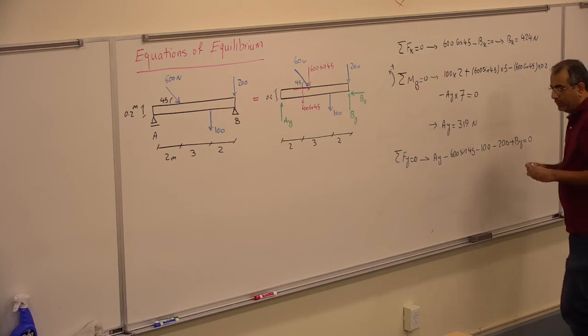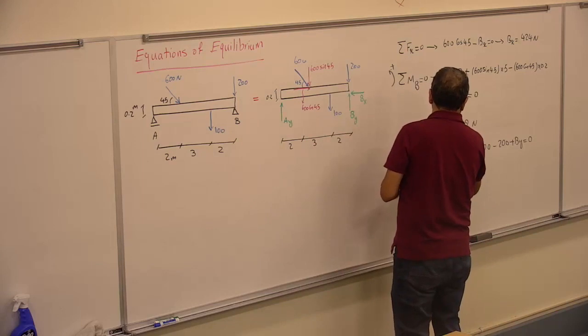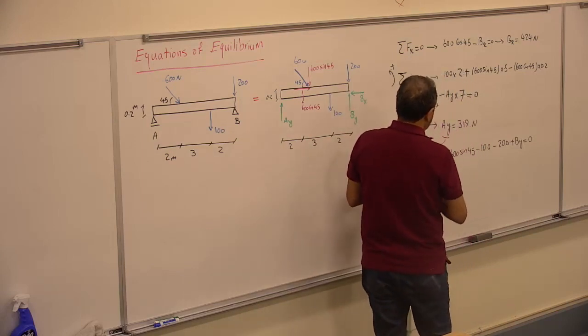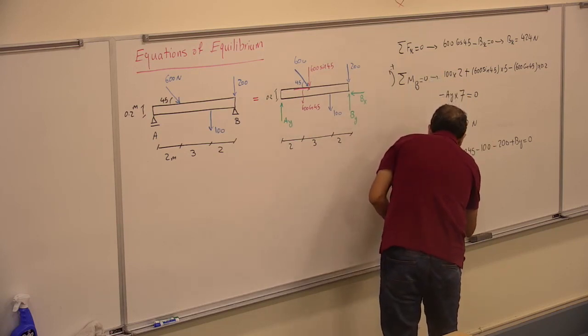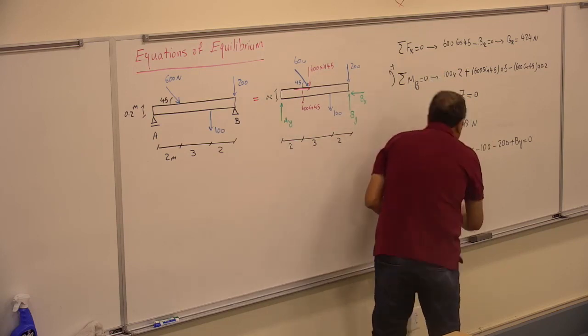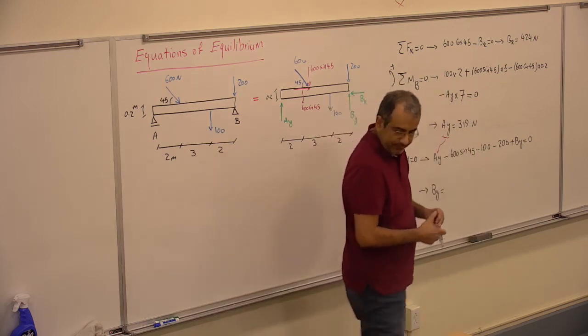So I already know the AY from there. If I put the AY there, the only unknown would be BY, which would be 405.